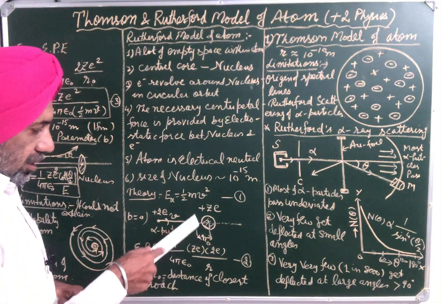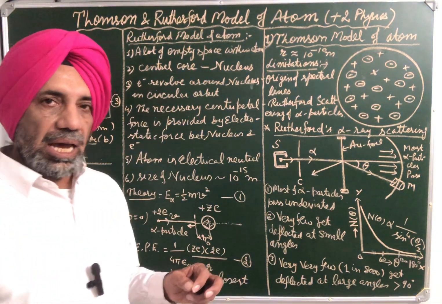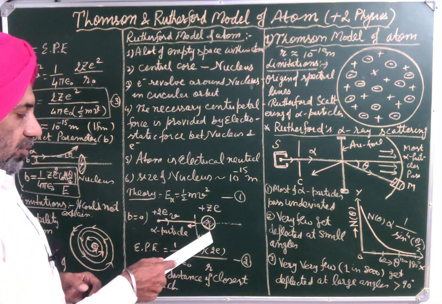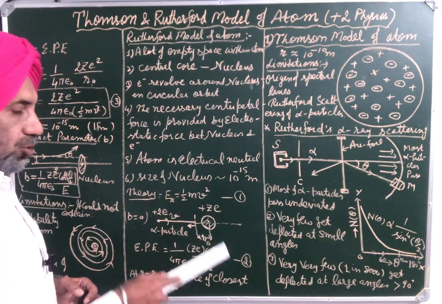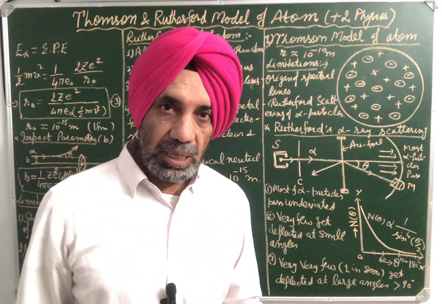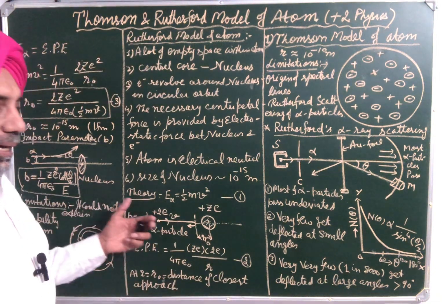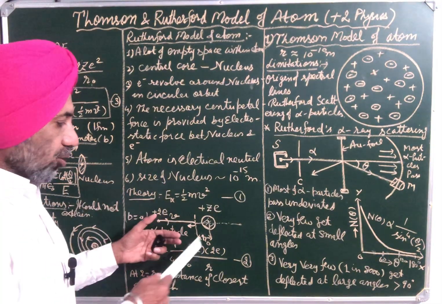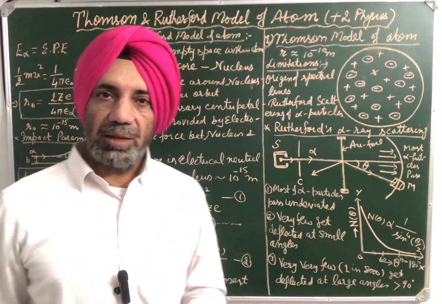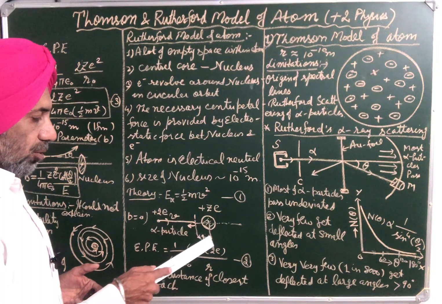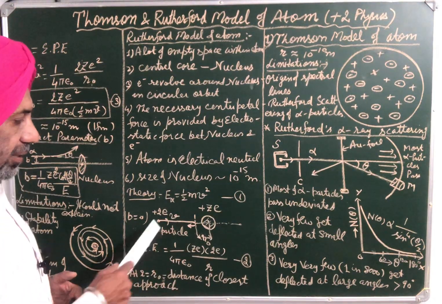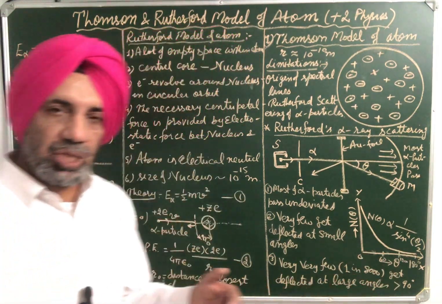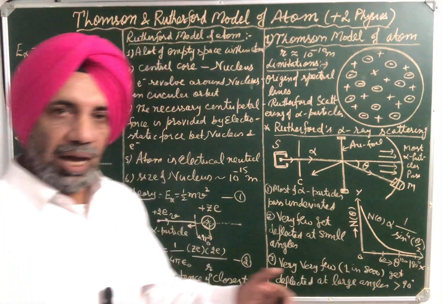This distance from the center of the nucleus, at which the kinetic energy of the alpha particle becomes zero, is known as the distance of closest approach. The particle cannot go further or enter this boundary of the nucleus, which is r naught. After that, because of repulsion, it rebounds back in the opposite direction.